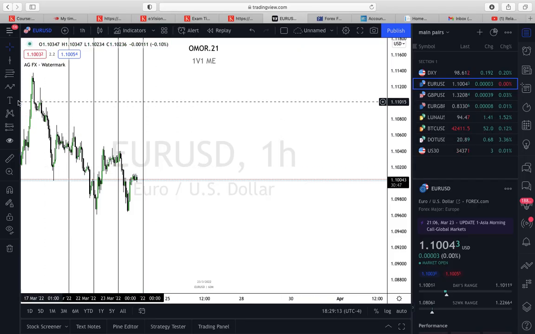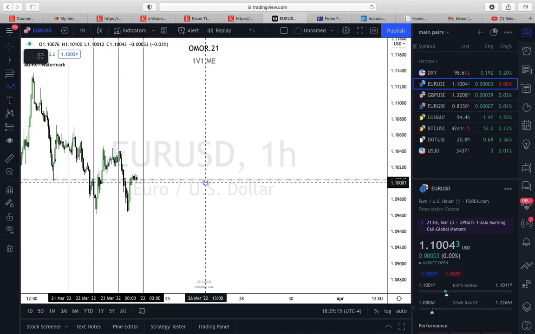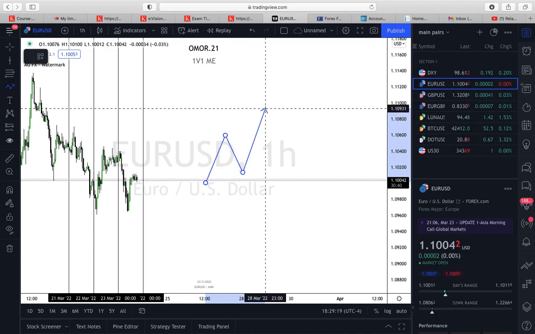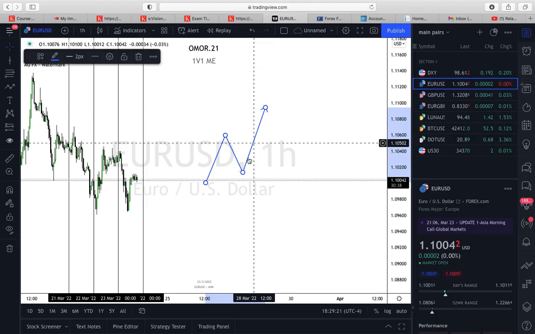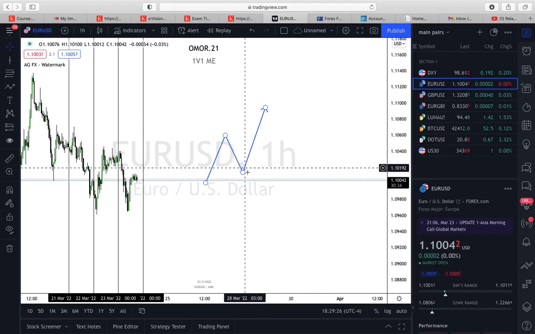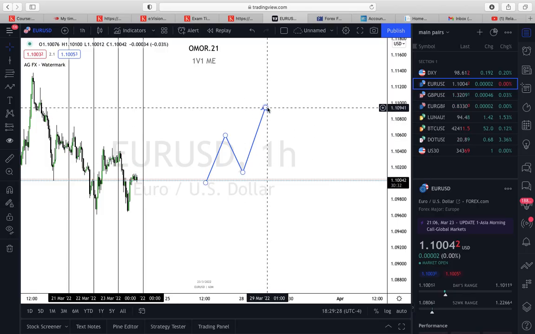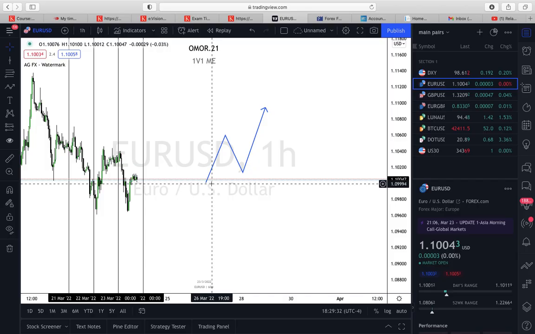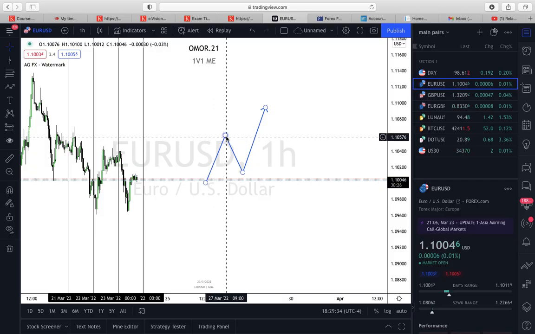You know, when you see something like this, right? High, low, high, high, and on the retracement down, what do the smart money traders look for? Break of market structure, right?